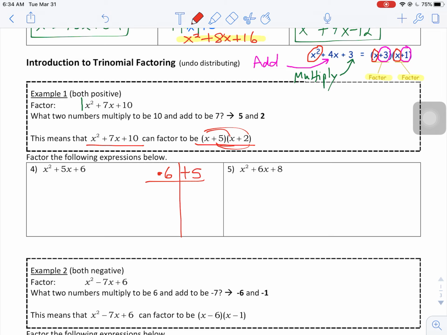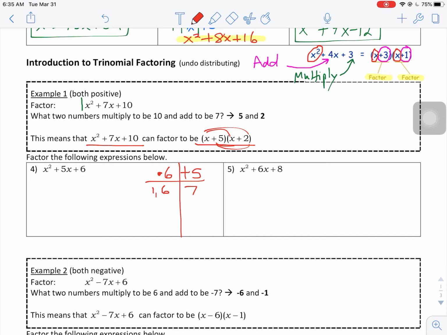Again, I'm pretending like I have no clue about my number sense. So just start with 1. I take 6, since I'm trying to multiply to 6, and divide it by 1, so 6 divided by 1 is 6. Then I add these up to see if it adds up to the number I want. So 1 plus 6 is 7, not 5, meaning no, that does not work.